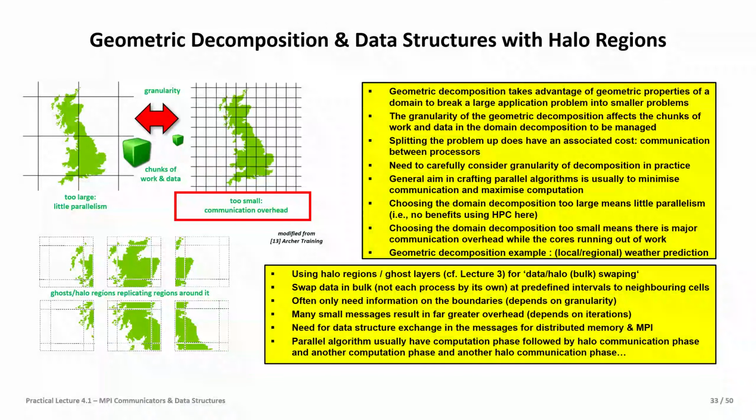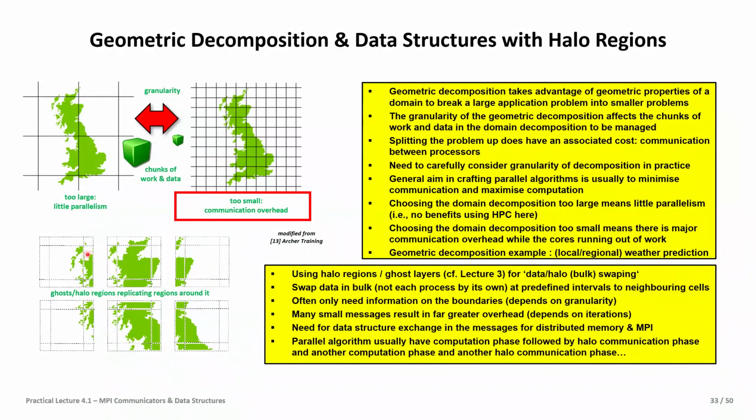Hence, with these data structures we have not so many small messages, but a couple of messages that really have substance, bigger data structures. We come to what these data structures will be, just to motivate why they exist, especially in light of the domain decomposition that we learned in lecture 3.